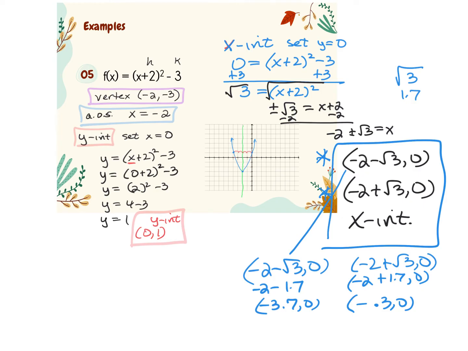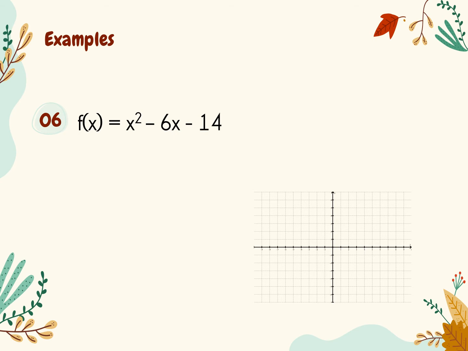It's already given to you in standard form, so we're not going to need to complete the square. But when it's given to you in quadratic form, like the next example, you are going to be required to complete the square first, change this quadratic form to standard form, and then do everything that I just did for example 5.